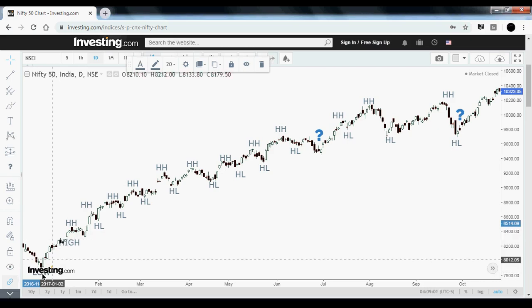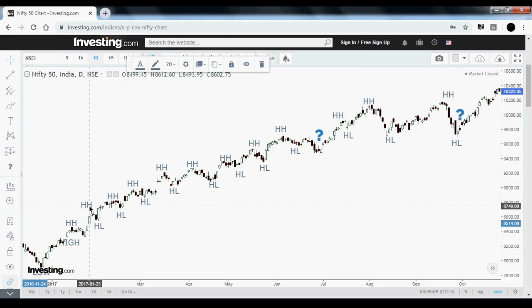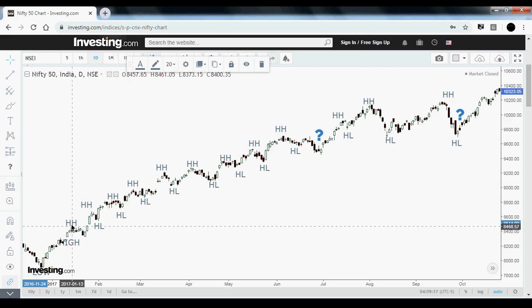This is the reference. So there was a low, there was a high, we had some kind of retracement, and then again we had a high, then we again came down, again we had an advancement, then again we came down, again went up, came down, went up, came down. So if you see, this time this high is higher than the previous high.